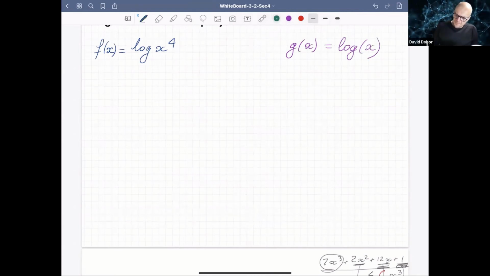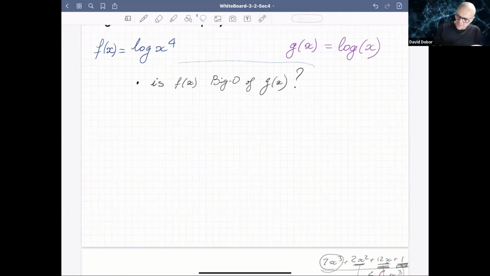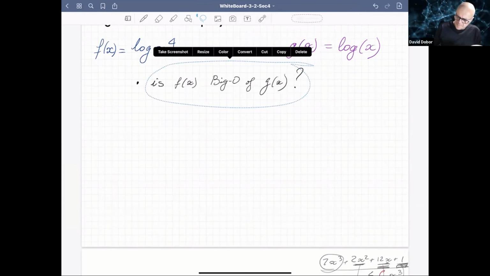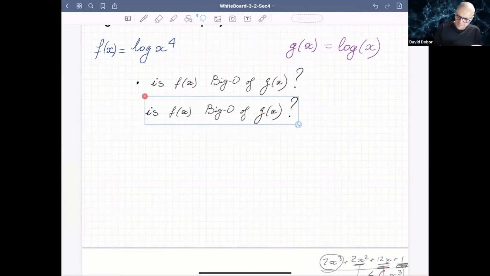Question 1. Is f of x big O of g of x? And is g of x big O of f of x?